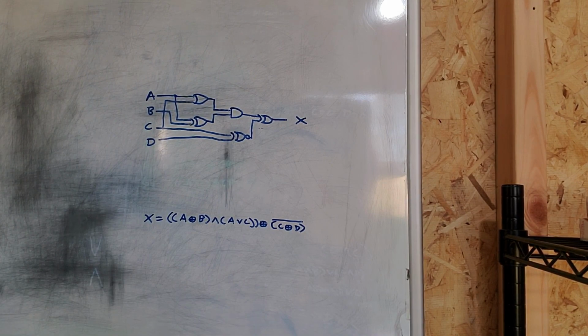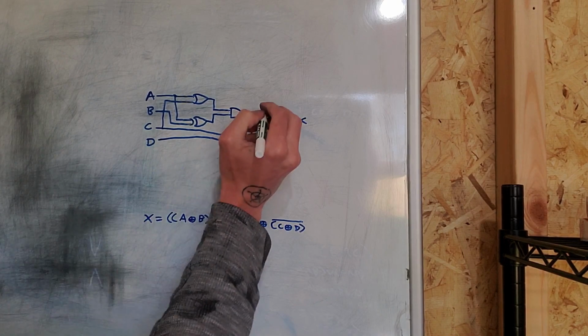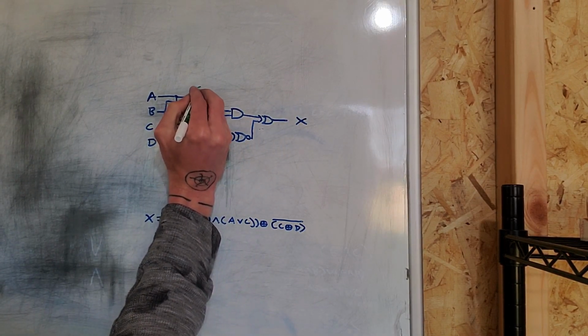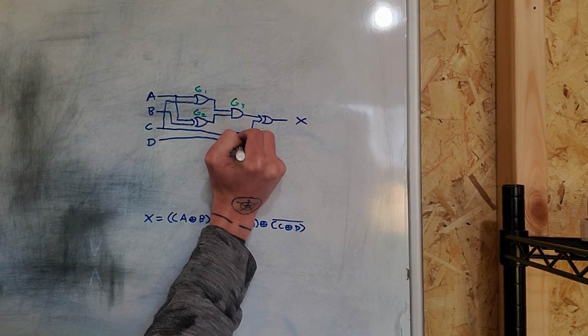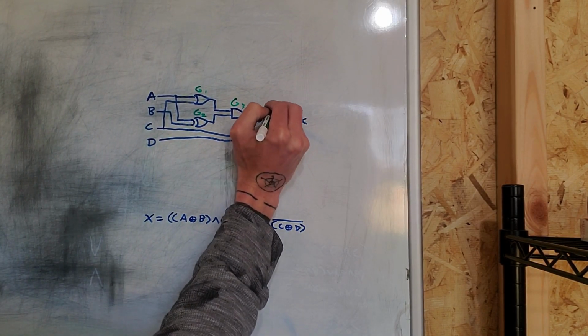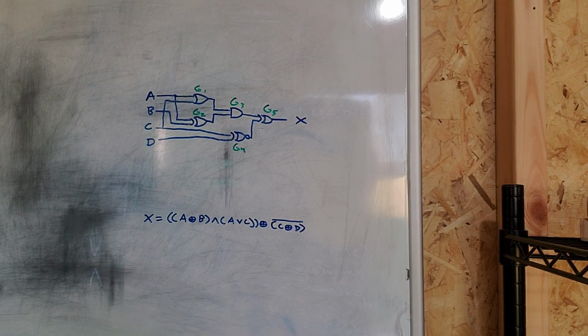And then of course we can label these gates G1, G2, G3, G4, G5. And then we can solve for X if we set up a conditional here and give these variables some values.